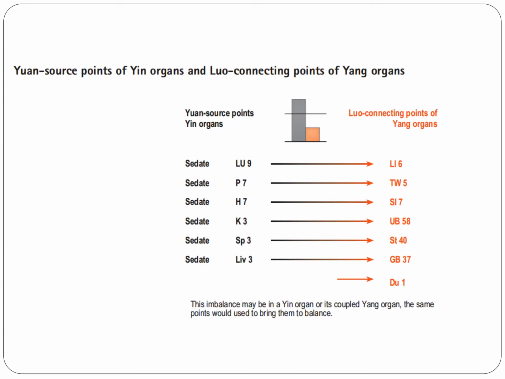Sedate pericardium 7, then triple warmer 5. Sedate heart 7, and the luo connecting point SI7. We sedate kidney 3, then bladder 58. Sedate spleen 3, then stomach 40. Sedate liver 3, gallbladder 37.